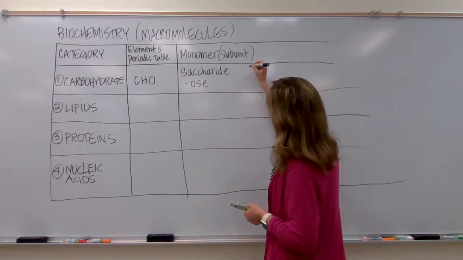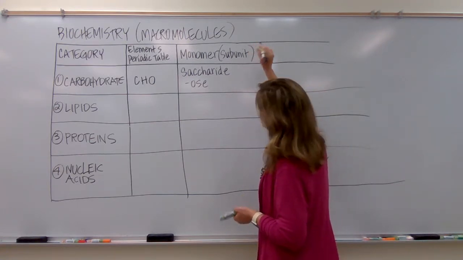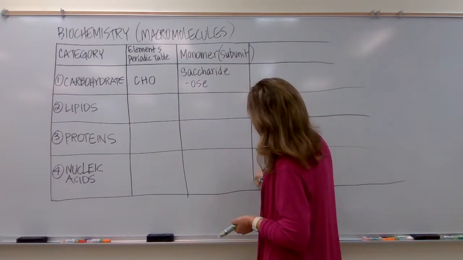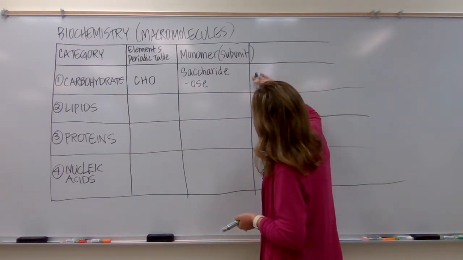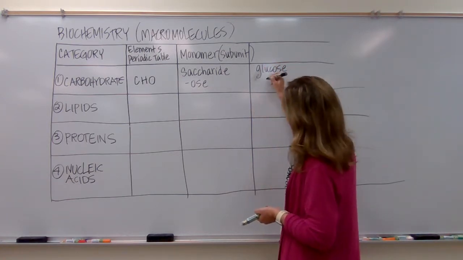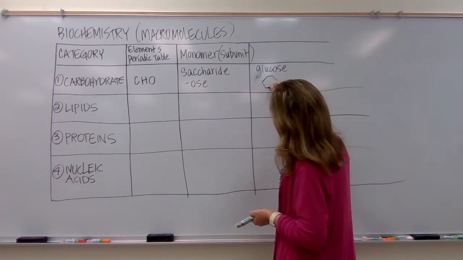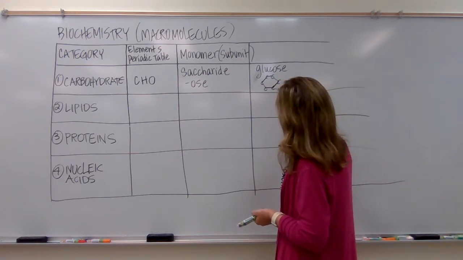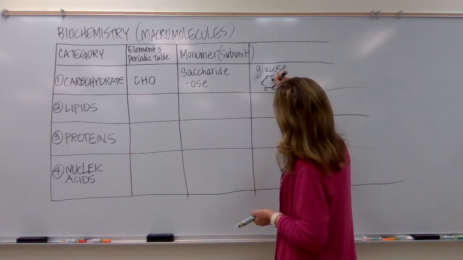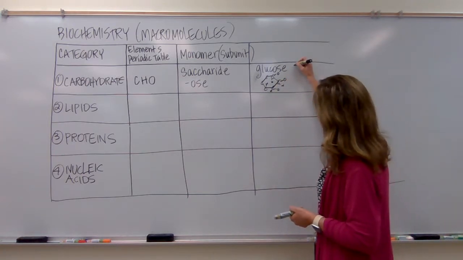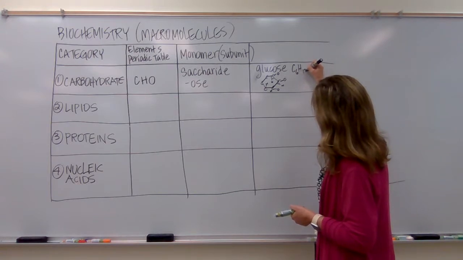An example of that could be a glucose molecule, and I suppose I'll add that to my category here. So we'll have glucose. And when I think of glucose, I typically think of a 6-carbon ring-like structure that has the O's and H's coming off of it. I'm sure many of you will remember C6H12O6.